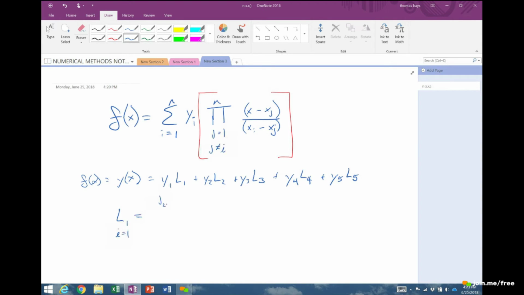The j2 term of this product would be x minus x2 divided by x of i, which would be 1, minus x of j, x2. Okay. j3 term, x minus x3 divided by x1 minus x3, j4 term, and this just keeps going. j5 term.